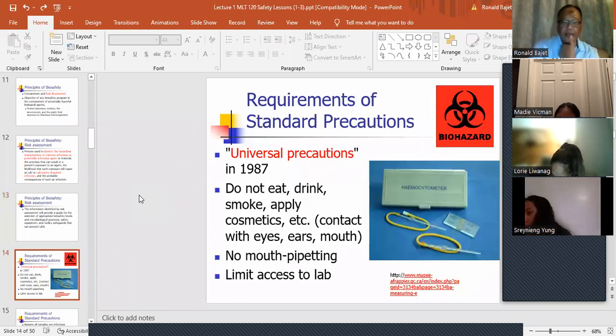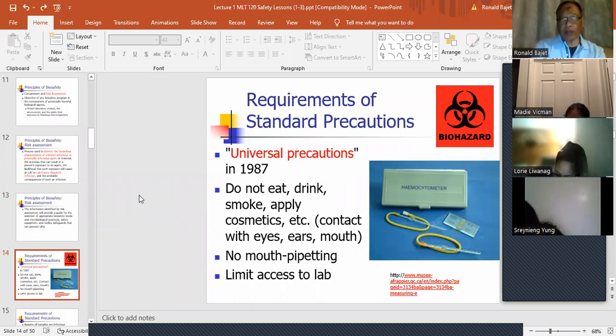All right. Universal precautions is having the thought that everything you are handling is infectious and can cause harm to you. For example, every specimen that you handle has HIV or has Ebola or has COVID.